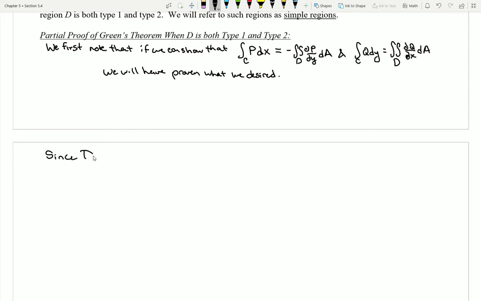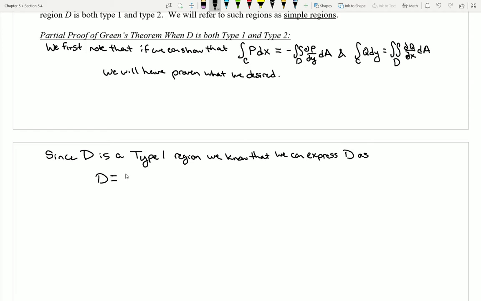So I'll start by saying this. Since D is a type 1 region, we know that we can express D as, and I could define it in the following way.